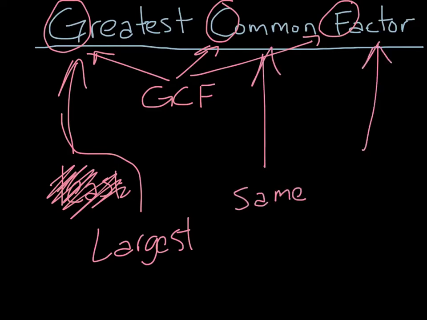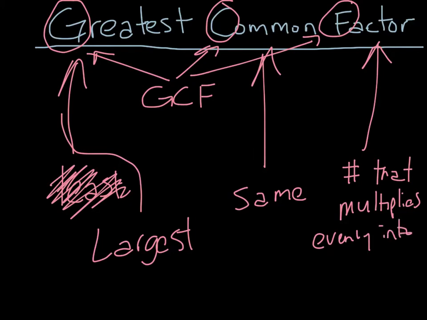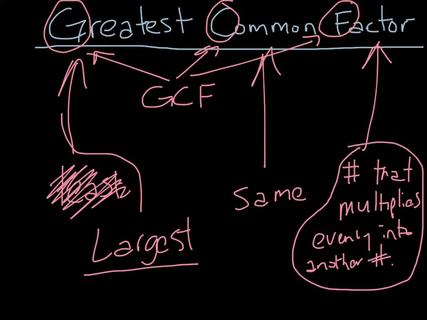And factor, we know, is a number that multiplies evenly into another number. Okay? So greatest common factor is where we're looking for the largest number that multiplies into another number that's the same. Okay, so that might not make complete sense yet, but I think it will once we start to practice.